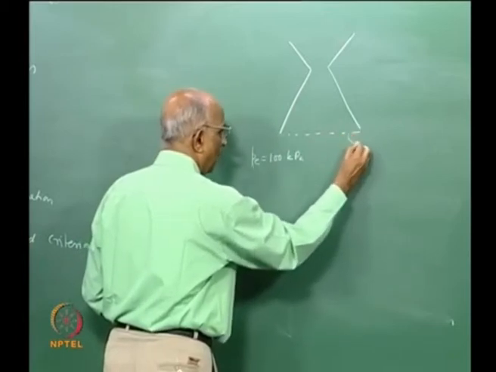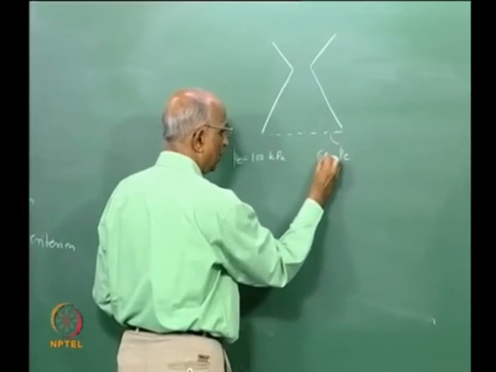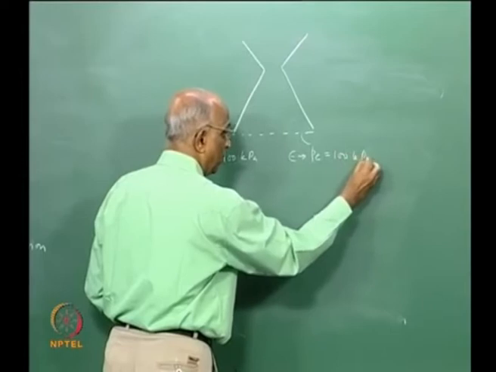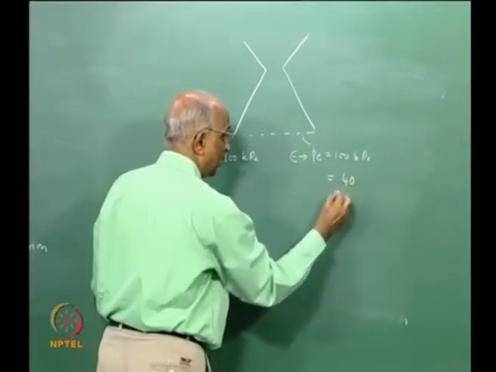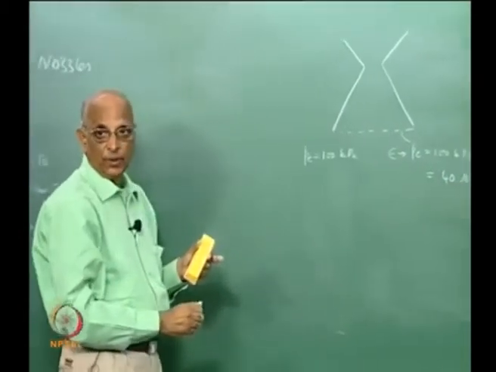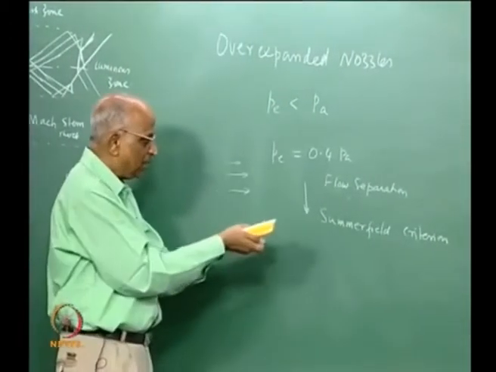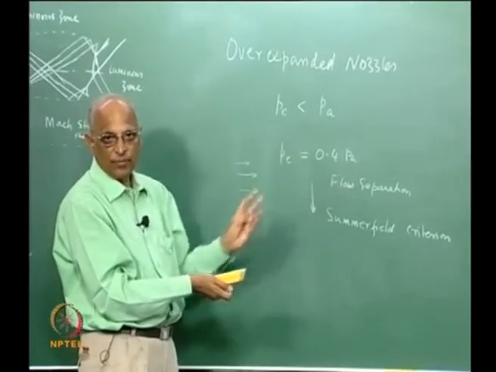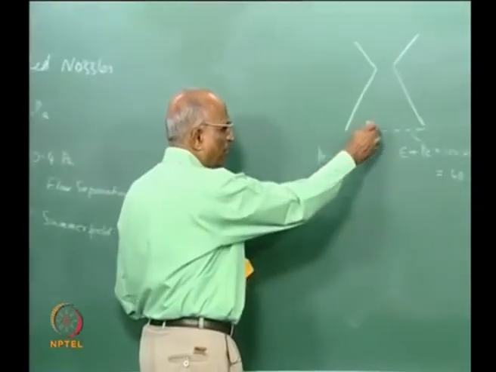Then I do not need to have the area ratio such that the exit pressure is equal to 100 kPa, but it is sufficient for me. I can give a much larger nozzle such that the exit pressure is as low as 40 kPa, and this is based on experiments because you find that the inertial force helps to delay the flow separation process.